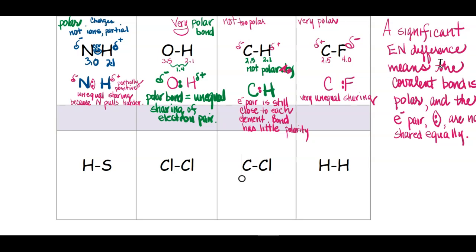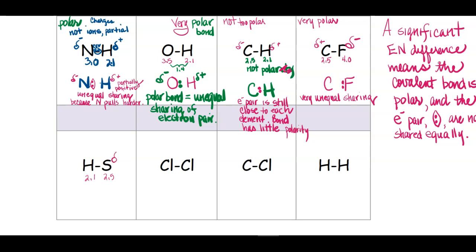In this first one, didn't we have 2.5 and 2.1? All right. So which one's partially positive and which one's partially negative? You make the decision now and put the symbol.